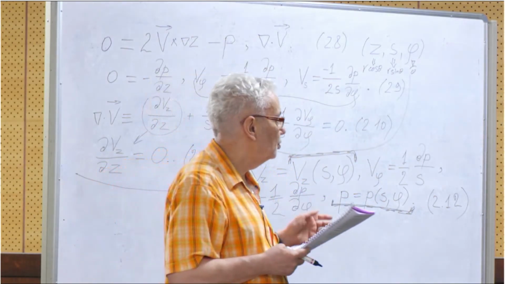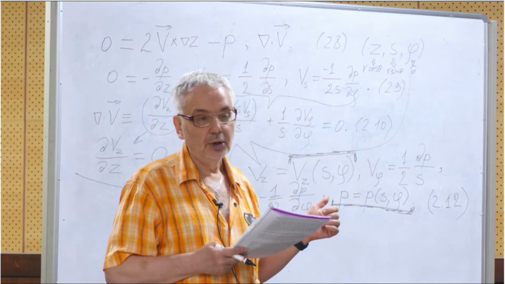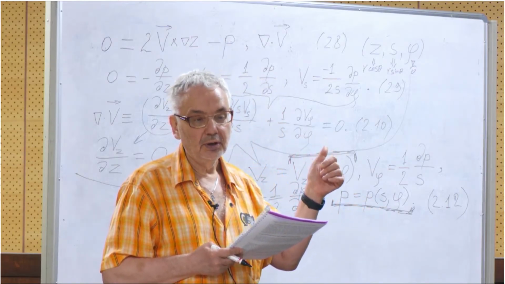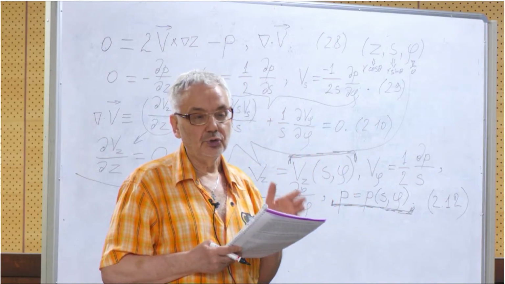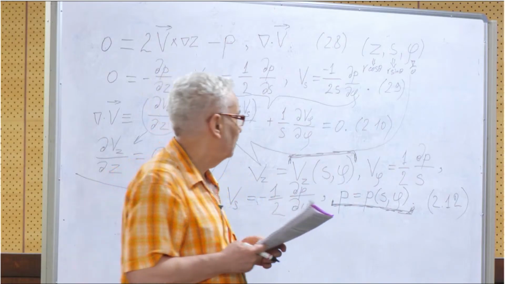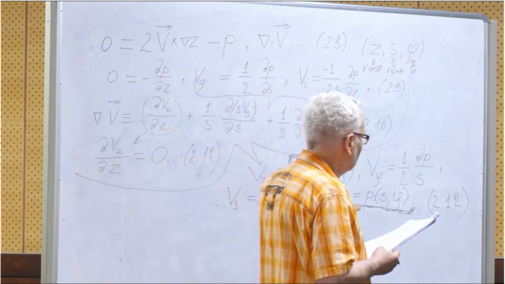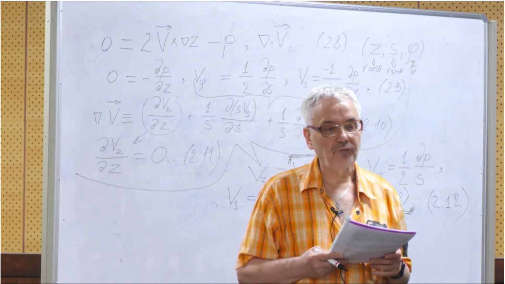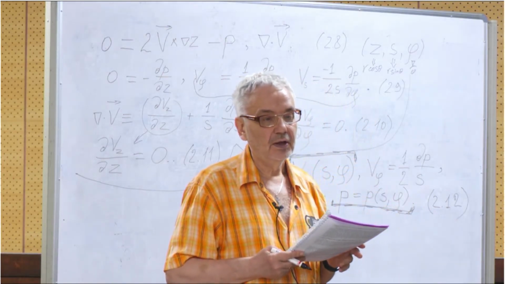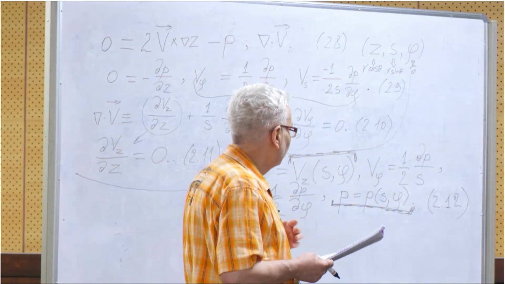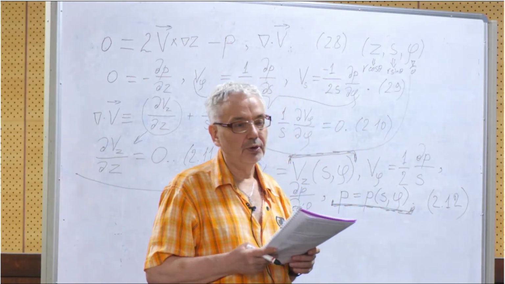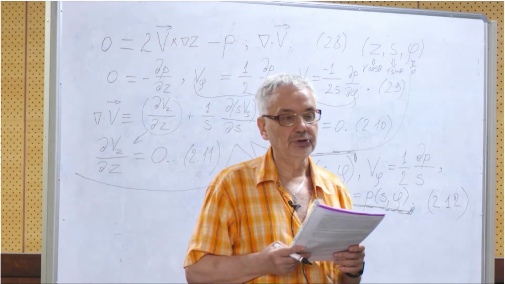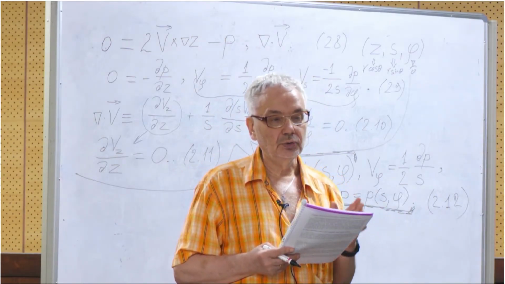Because actually it works not only in the Earth's core, it works in the atmosphere, it works in the ocean. So it's quite a general formula, for geostrophic flow which is fast rotating, when this Rossby term, v grad u, and the time derivatives can be neglected.